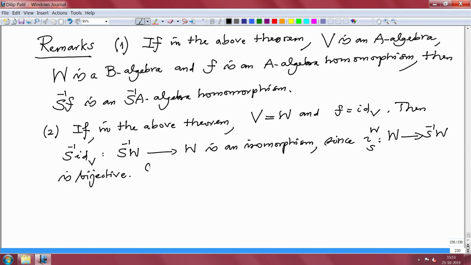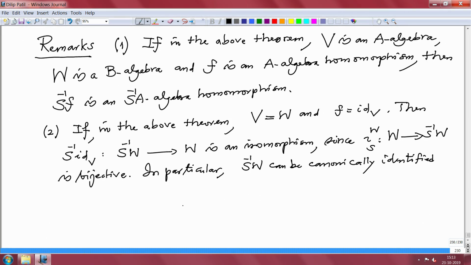In particular, S inverse W can be canonically identified with W. This one is very easy to check. It follows immediately from the definition of the map S inverse F we defined in the theorem.